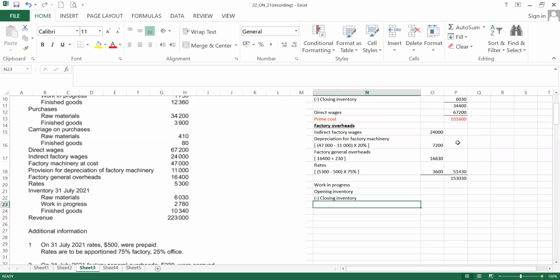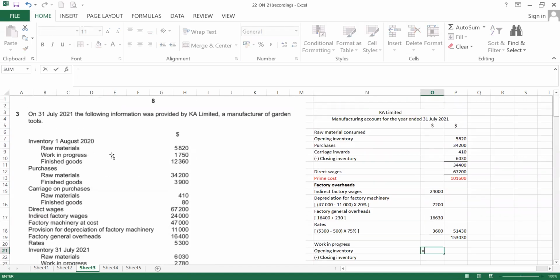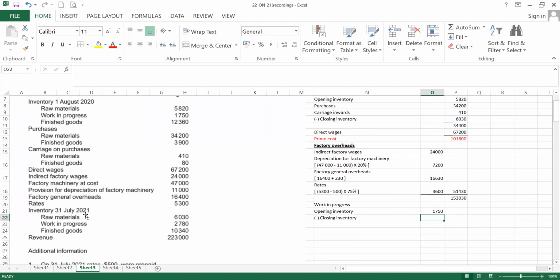So take the opening inventory of work in progress, 1750, and the closing inventory here, which is 2780. So take the opening minus the closing, and you notice this is a bracket. In accounts we don't put a negative sign, we put brackets. So put brackets, 1030. This is the information that we gather.